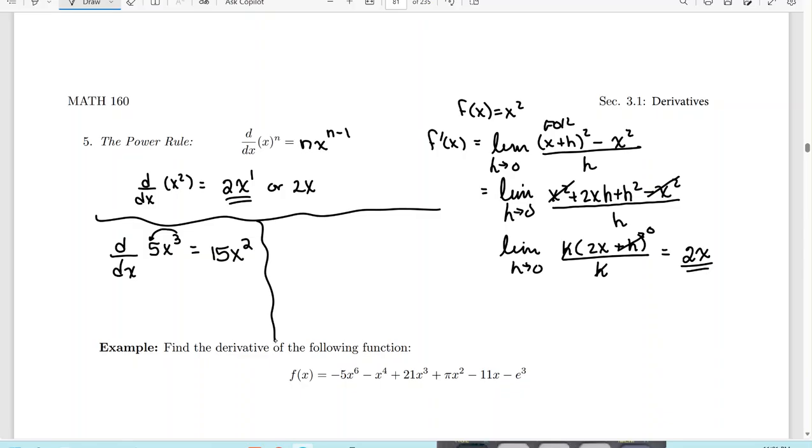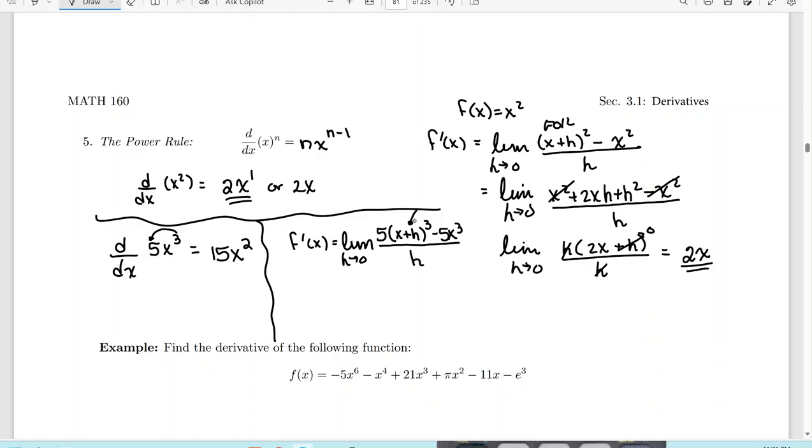My alternative way would be to do the limit definition. And you can see how much fun that's going to be. F prime of x equals the limit as h approaches 0 of 5 times (x plus h) cubed minus 5x cubed, all divided by h.